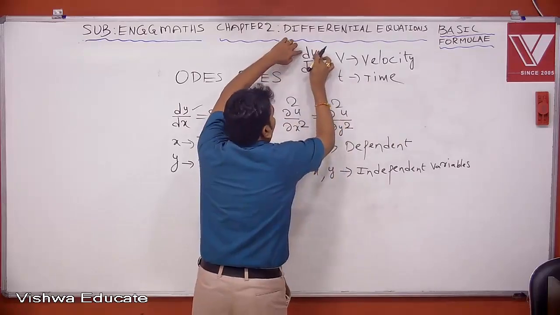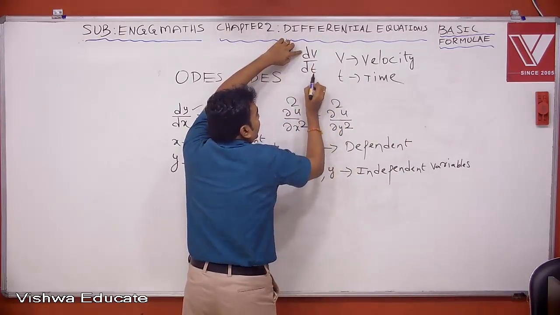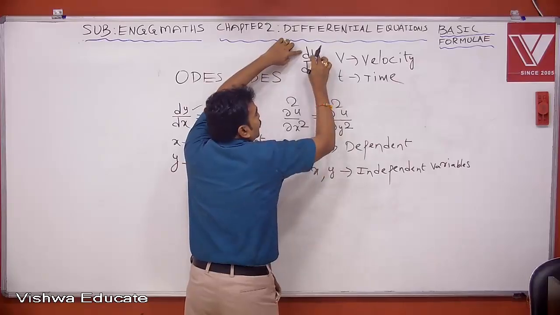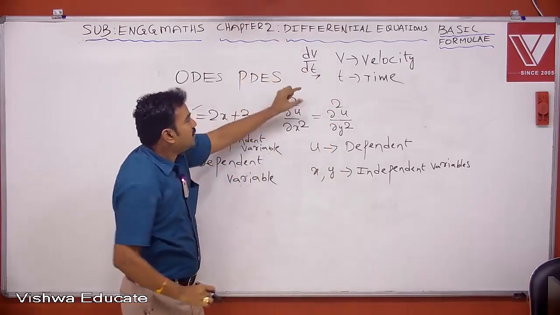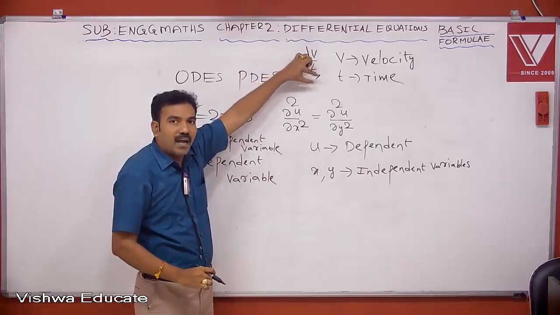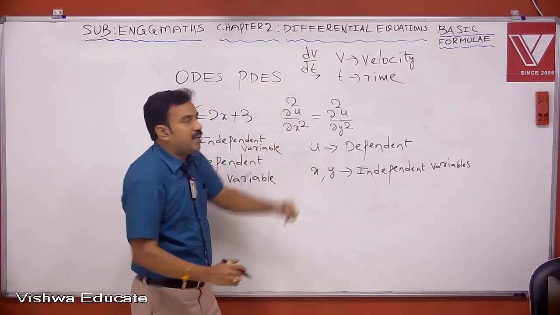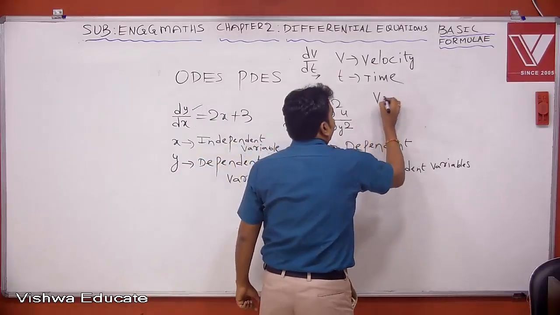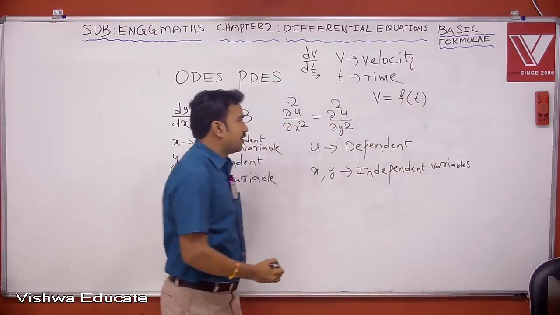So change in velocity with respect to time is called acceleration. Since velocity depends on time, velocity is called the dependent variable and t is called the independent variable. That means velocity is a function of t.